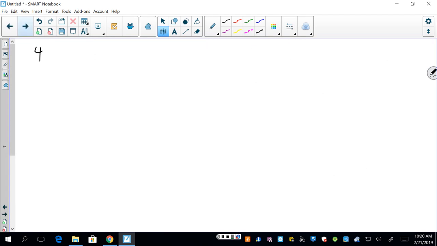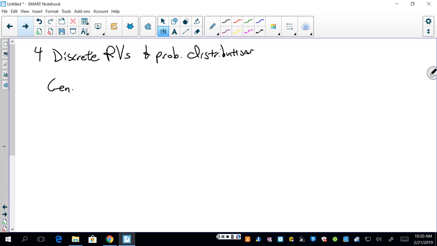So in chapter 4, we looked at some discrete distributions, discrete random variables, and probability distributions. We have a general case where you could get values and then the probabilities that the random variable equals those values.